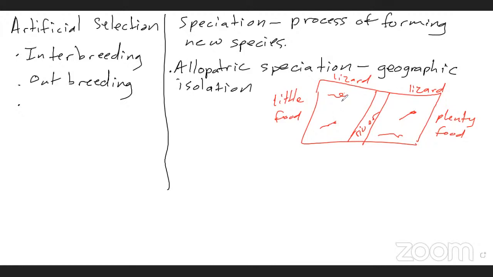So the lizard now has to find some way of adapting. Probably they develop a new color to camouflage themselves. The lizard on the other side with no predator doesn't need any camouflage. So over time they develop new characteristics and traits that will make them become completely different species. All right. Thank you.